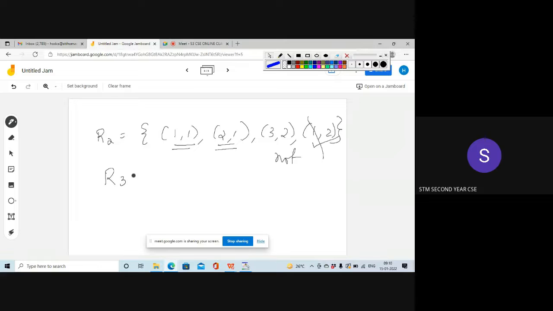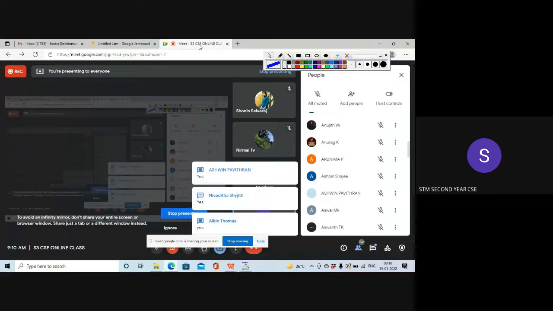Like suppose another example, {(1,1), (2,2), (1,2)}. Is it anti-symmetric? Yes, it is anti-symmetric.